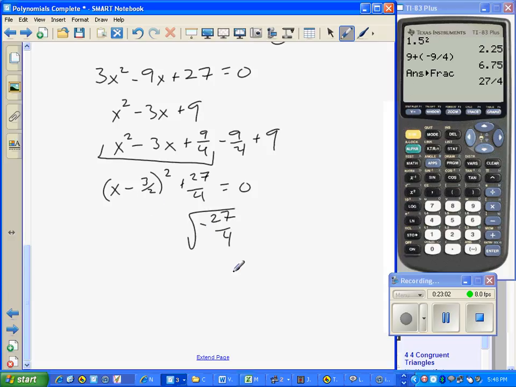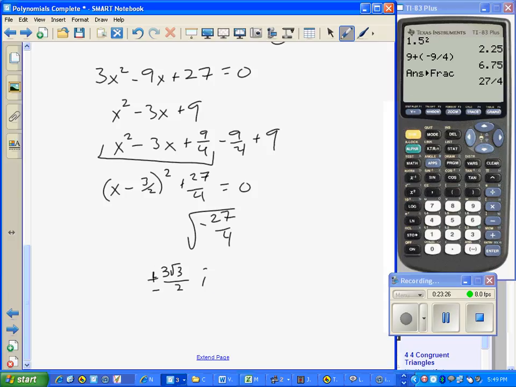Square root it. And the square root of this, I can break up. That negative is going to give me the i outside. This 27 is going to break down the same way I had it up there, so that's going to turn into 3 squared of 3, and the square root of 4 is just 2.